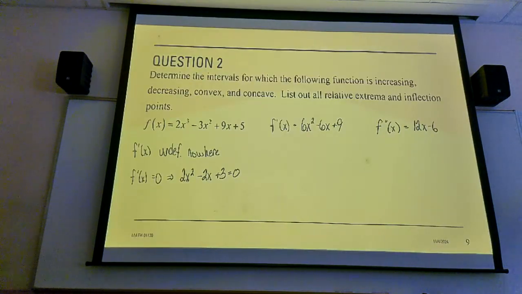The discriminant is negative, which means there's no solution. So f prime equals 0 is a contradiction. It means there's no critical points.